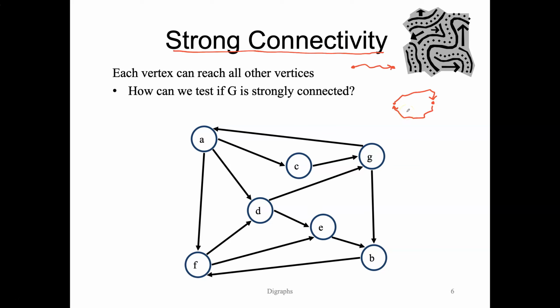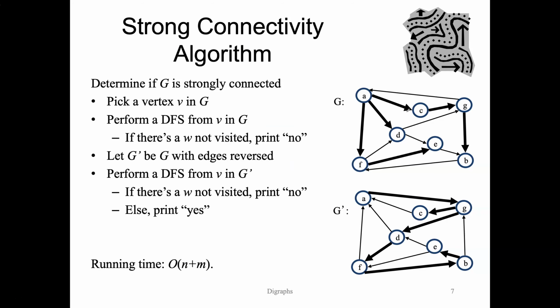So we want to figure out if a graph is strongly connected. Well, we know that the directed depth first search or breadth first search would give reachability information. So we could call DFS n times, once for each starting vertex, and check to make sure the set of reachable vertices from it includes all of the other vertices for each vertex. But there's a better approach. Rather than running DFS from every vertex, we can only run DFS twice.